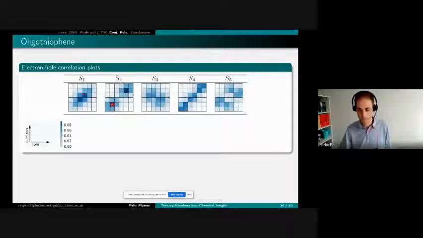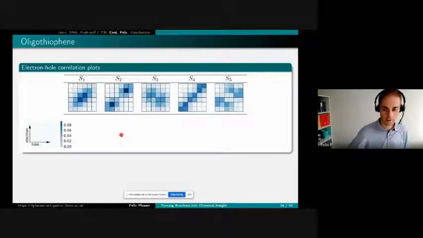Here the highest probability is that the electron and hole are both on the 2nd or both on the 5th fragment. Then if we go here, for example, this would be that the hole is on the second fragment and the electron on the fourth fragment. So this is a clear charge transfer configuration that plays a role here. Then here we have, again, more local. And here we have, again, more charge transfer configurations.